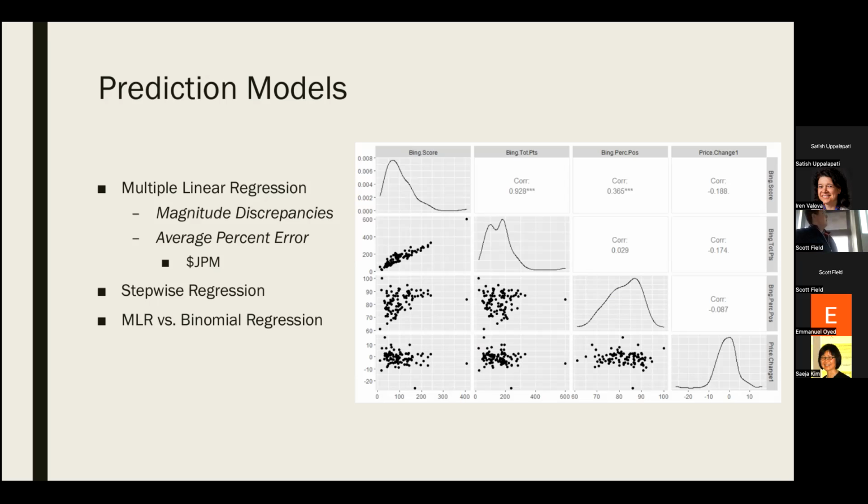Right off the bat, I noticed there were major magnitude discrepancies. I actually took the average percent error across the 4 data sets, and it was about 1,200% average percent error. Now, a lot of that was due to JPM. As many of us know, JP Morgan.